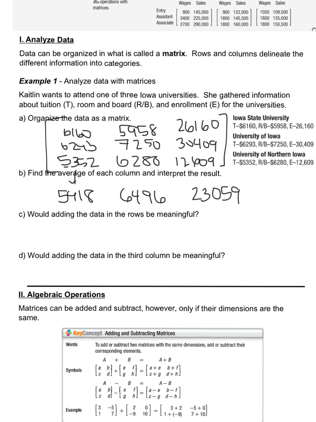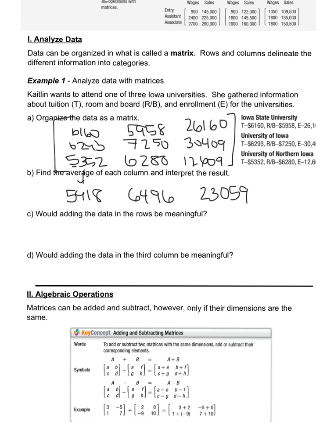So that makes sense. When we look at the next question, it says, would adding the data in the rows be meaningful? Well, if we look across our information, we have dollars, dollars, dollars, dollars, and then that's people. Those have different labels. So would the information be meaningful?